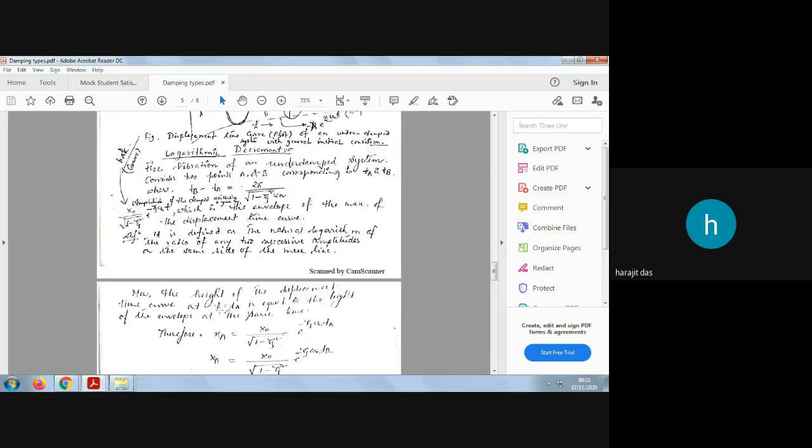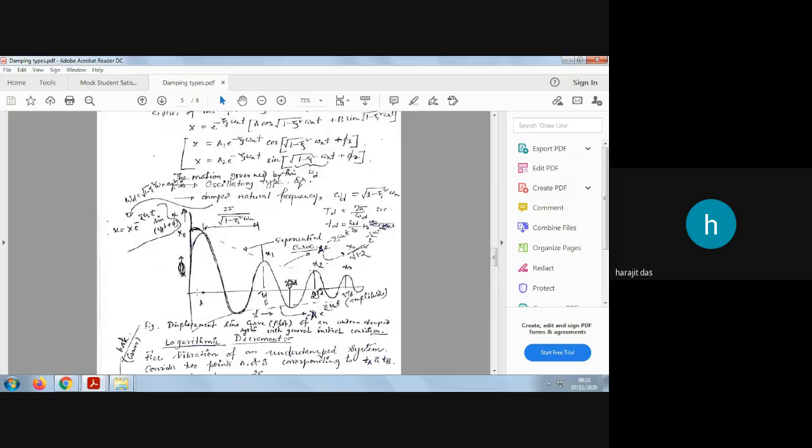So these amplitudes should be on the same side of this equilibrium line, on the upper side, and taking successive amplitudes on the same side gives the logarithmic decrement.